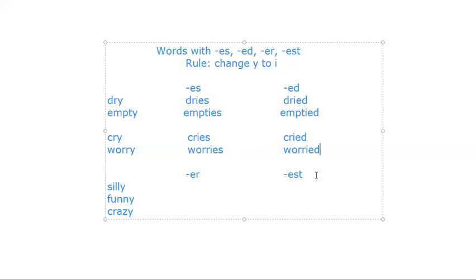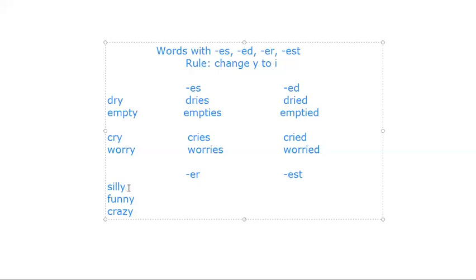If you compared many things, you added est. So I might have said the book is smaller than the desk. I'm comparing the book and the desk. If I wanted to use the word smallest, I might say this book is the smallest book on the shelf. I'm comparing it to many books.